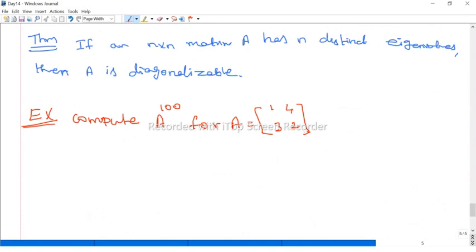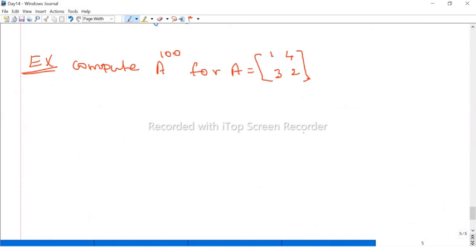The simple one is, first you find the eigenvalues of the given matrix. We know the characteristic polynomial, right? Because it's a 2 by 2 matrix, we can easily write the characteristic polynomial. The characteristic polynomial of A is x square minus trace times x plus determinant. Trace is the sum of the diagonal, that is 3. The determinant is 2 minus 12, which is minus 10.